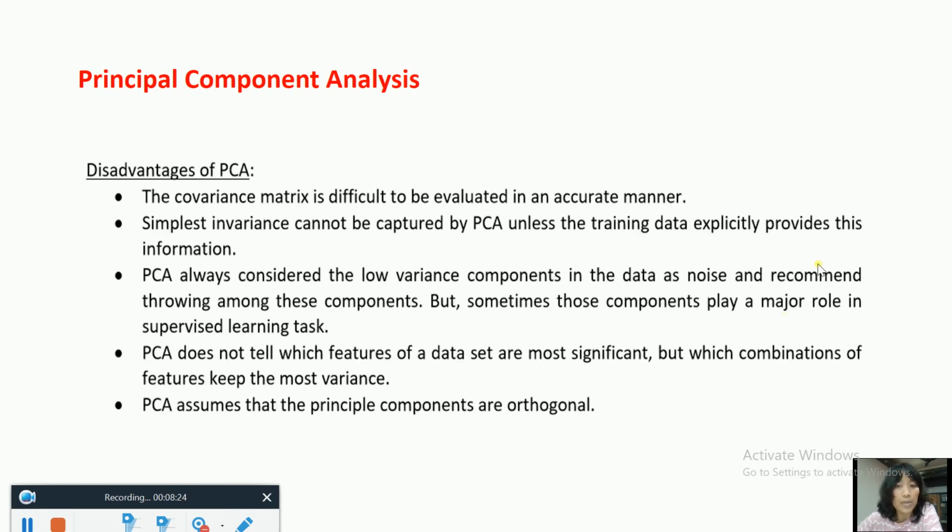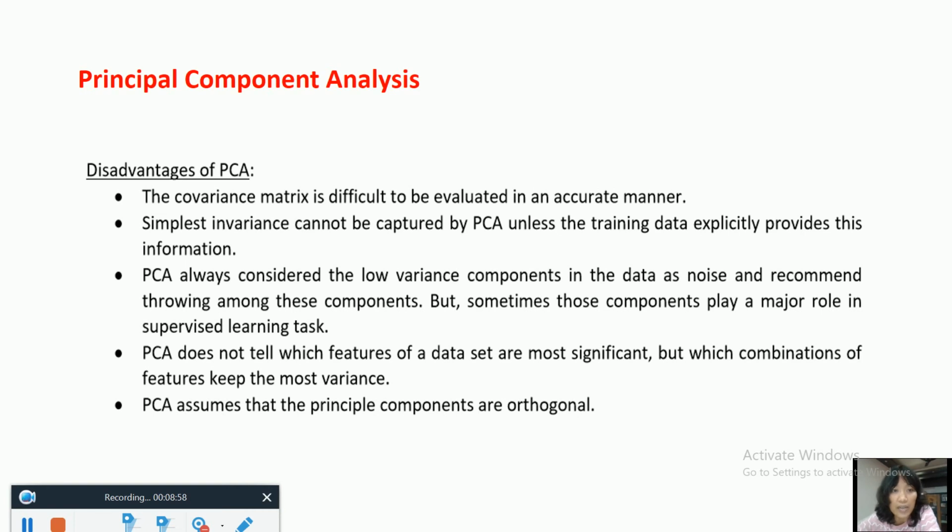Now there are some disadvantages which we face while doing dimensionality reduction with the help of PCA. Firstly, one of the important limitations is the calculation of the covariance matrix, which is very difficult because as the data points increase, the computation power required would be very high.